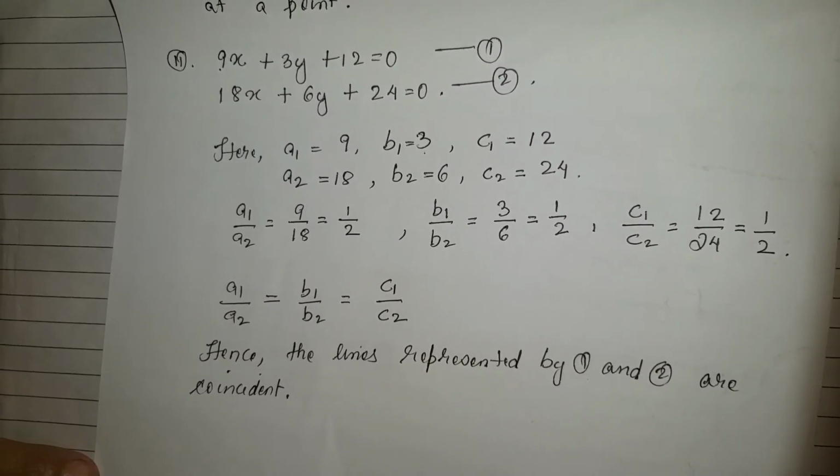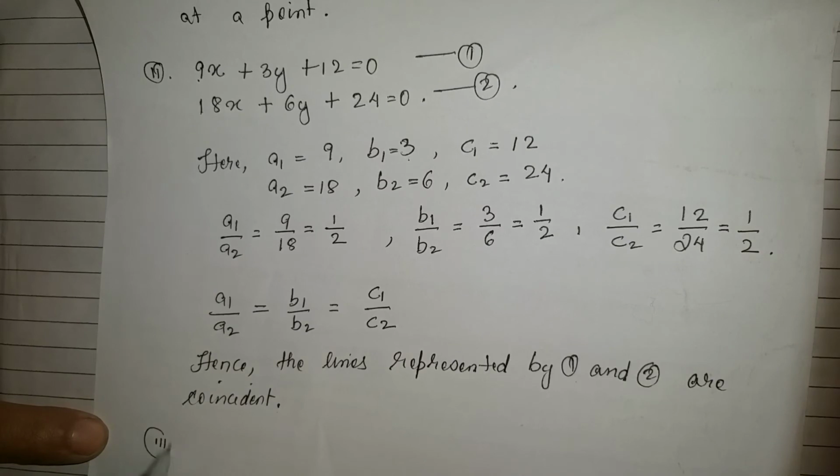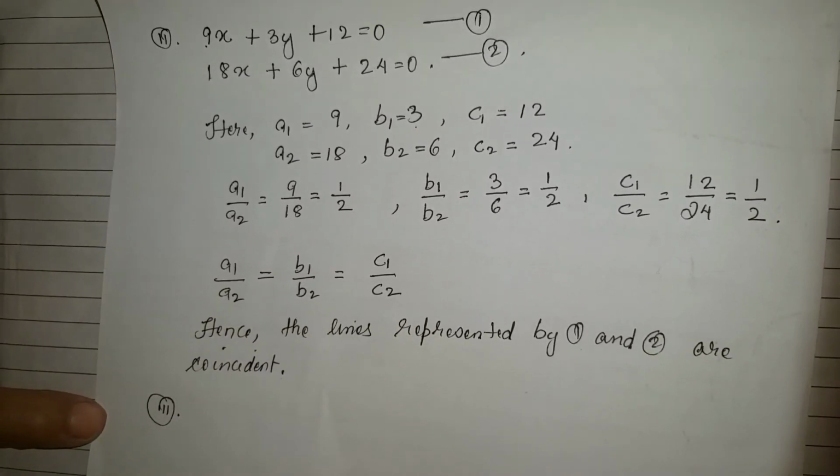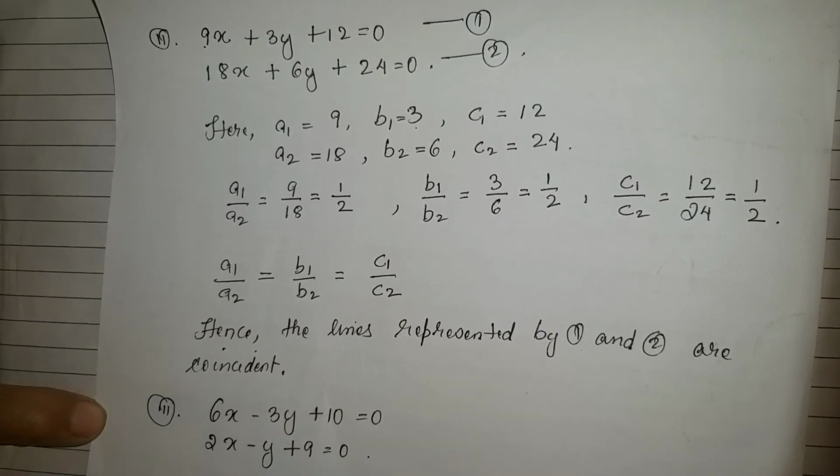Now let us do the third pair. 6x minus 3y plus 10 equal to 0, and 2x minus y plus 9 equal to 0.